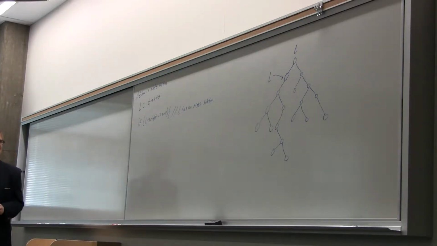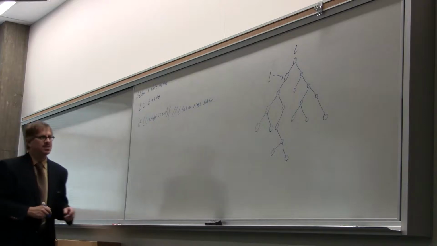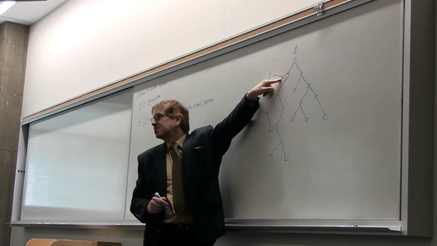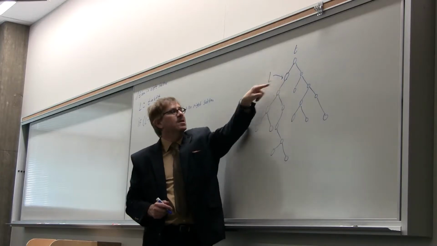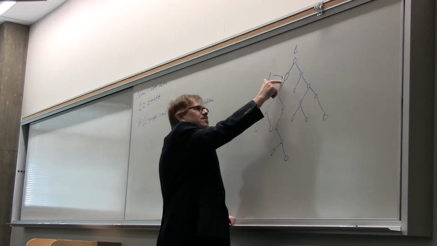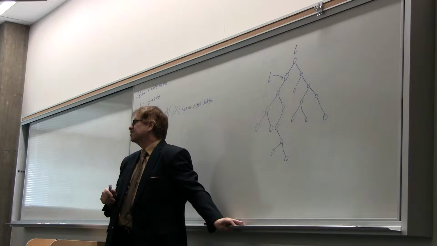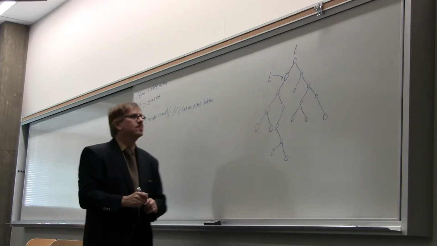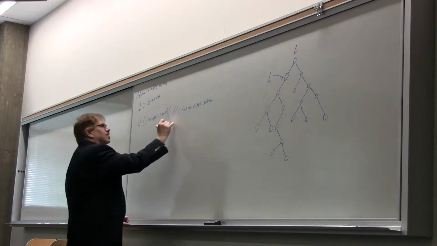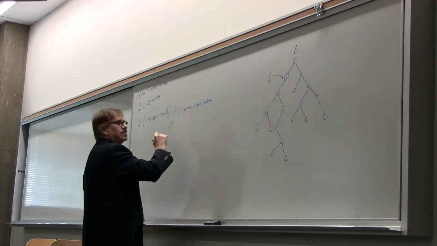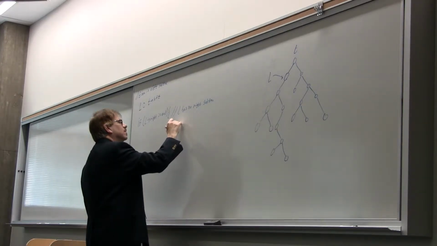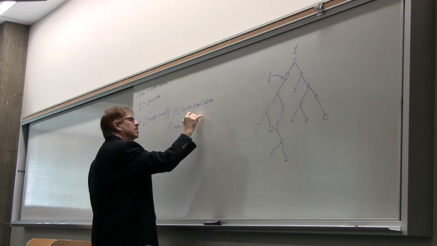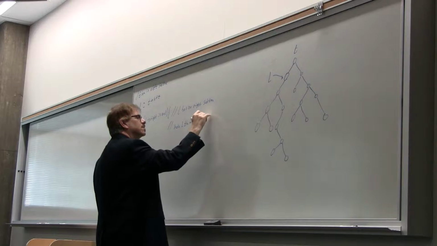In that case only, this root is the largest node in the left subtree. So we want the root of L to become the root of the entire tree. So what we want to do here is make L the root of the entire tree.